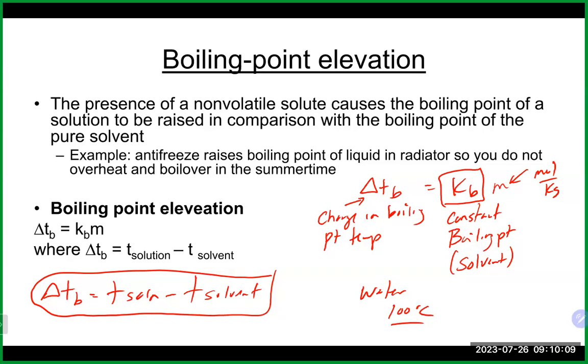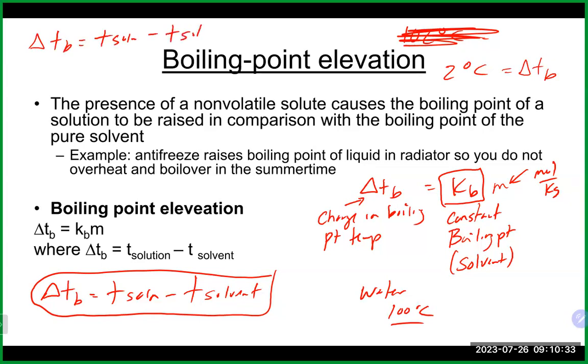So it's the same idea. So for example, let's say we saw again that we had a 2 degrees Celsius change in boiling point temperature. So if we were to put this into our change in boiling point temperature formula, that's the temperature of the solution minus the temperature of the solvent.